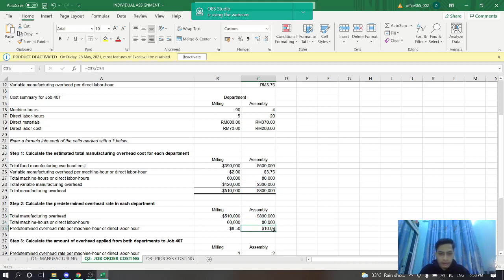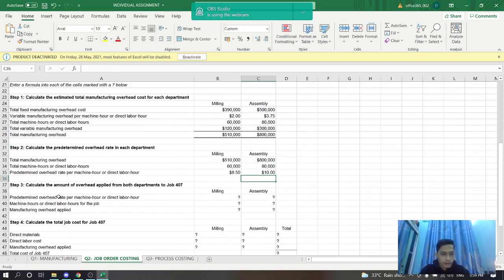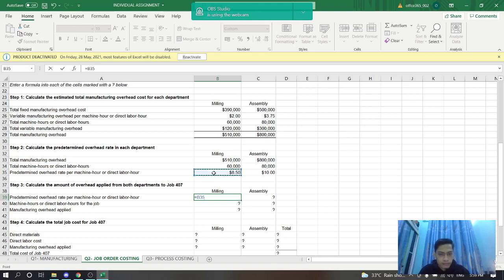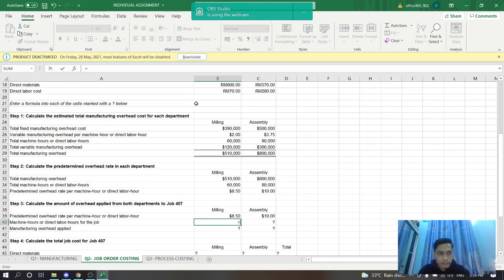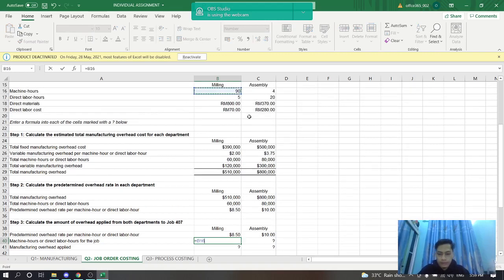Total manufacturing. Okay, next, predetermined overhead. And then for the assembly, and then machine hour and direct labor hour.